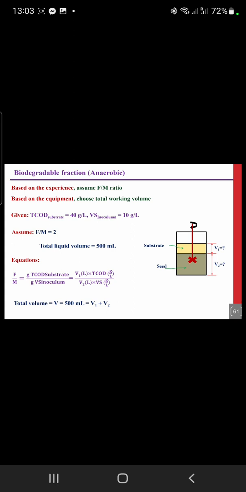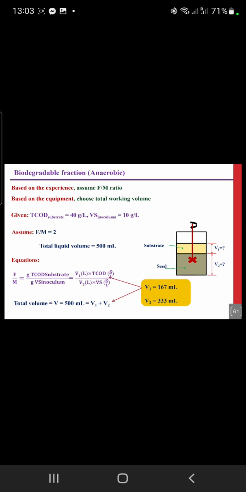Solve for V1 and V2, where V1 represents how much of the substrate, or the food, you have to put in the 500 mL bottle, and V2 represents how much volume of your inoculum or microbes you have to put in your 500 mL bottle.